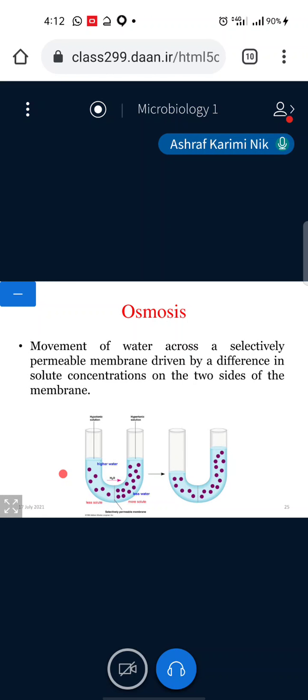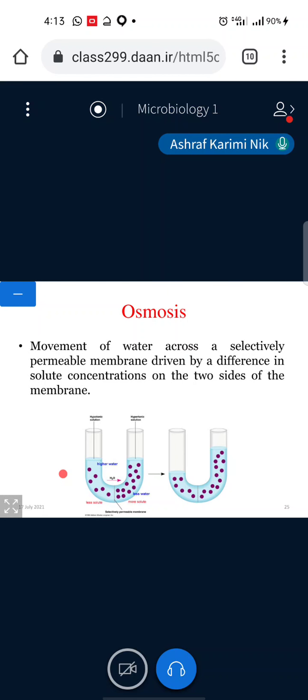Another way of transport of some material is osmosis. But osmosis is for water, not ions, not glucose, not urea, not organic material. Just for water. You know about different solutions: isotonic, hypotonic, and hypertonic.